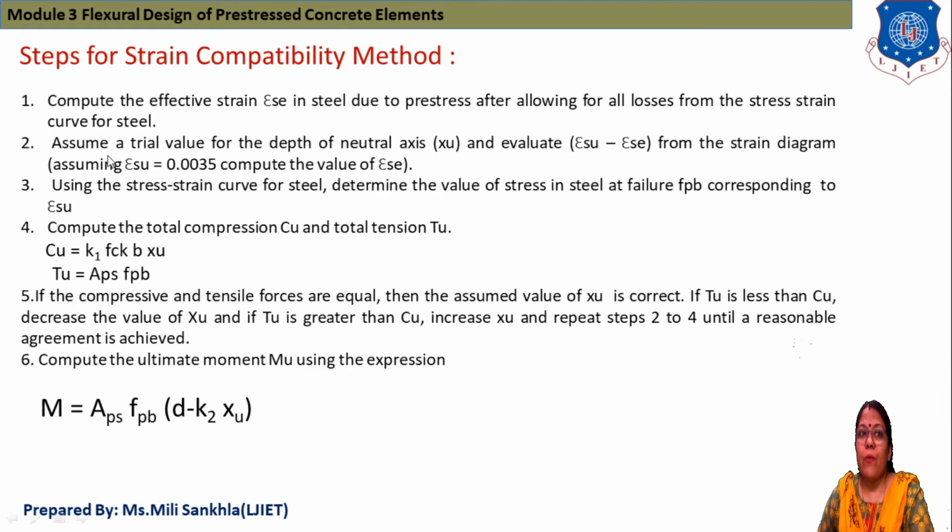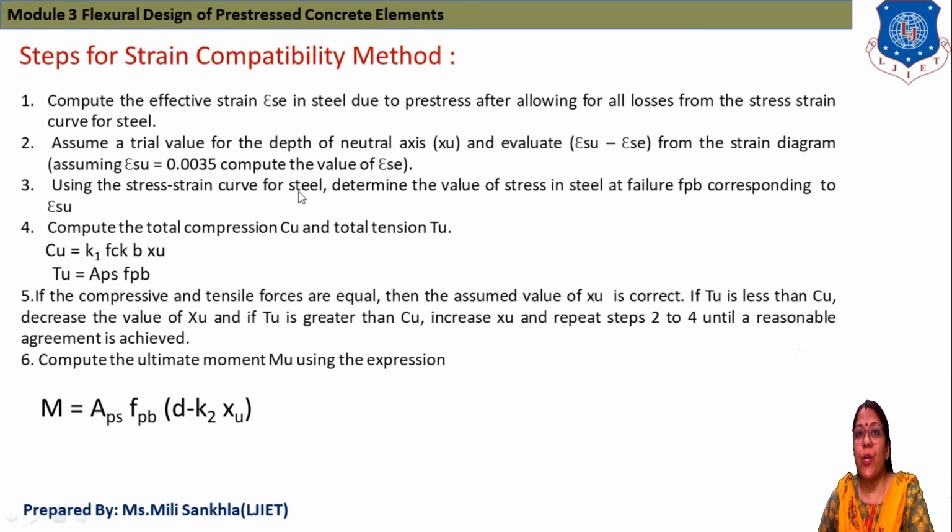Second, we assume a trial value for the depth of neutral axis Xu and evaluate the difference between epsilon SU minus epsilon SE. From the stress strain diagram, epsilon SU is equal to 0.0035. Compute the value of epsilon SE.